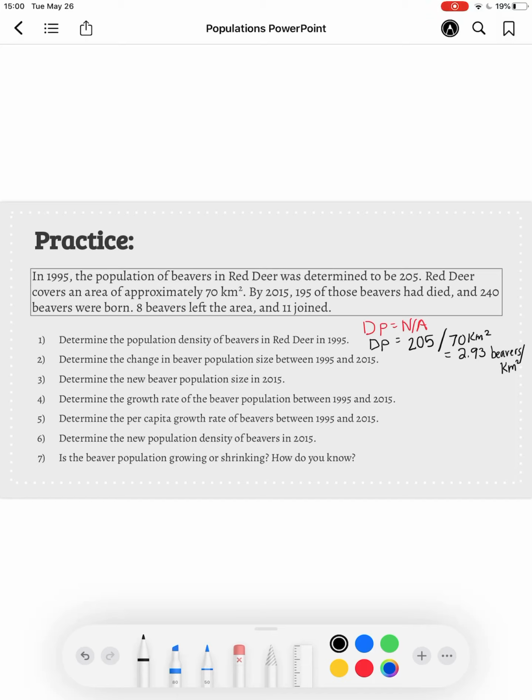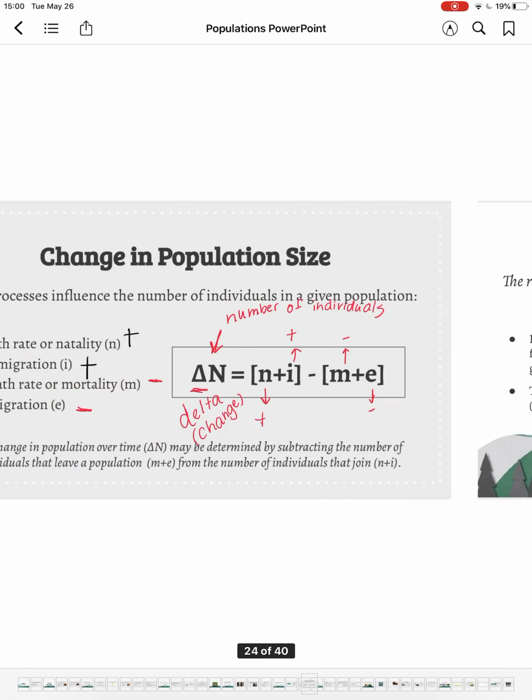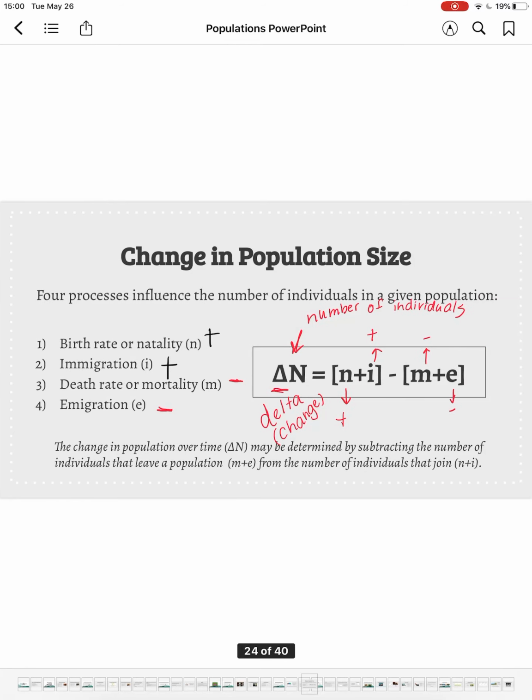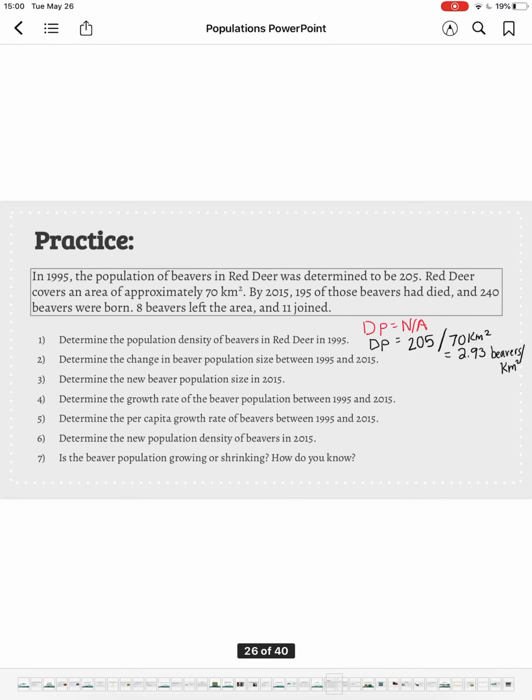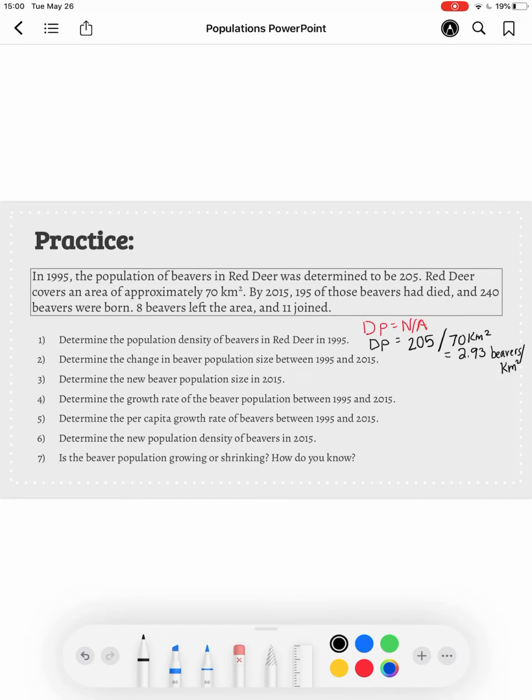Determine the change in beaver population size from 1995 to 2015. If we're doing change in population size, we're going to be using this formula. So let's go back to here.